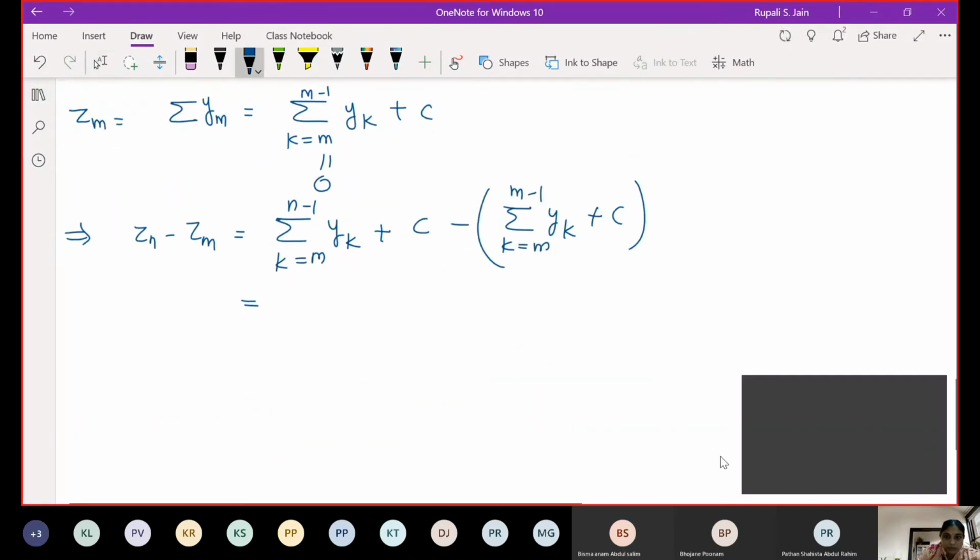The c gets cancelled, and since the second sum is 0, we get only summation k is equal to m to n minus 1 of yk. This is my Zn minus Zm. That only I want to show, right?